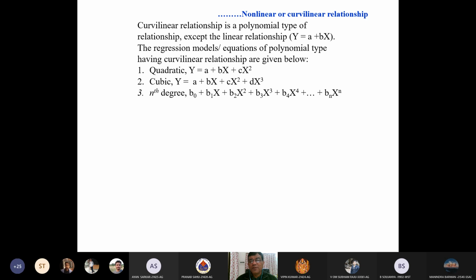So the change is expressed by two different regression coefficients, b and c. There is no single regression coefficient in this case. Actually, when we compute the equation, we get the value of c in minus. Therefore, finally, you can have y is equal to a plus bx minus cx square, but the equation has all positive values.